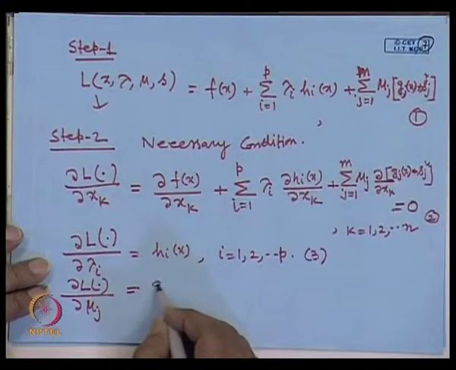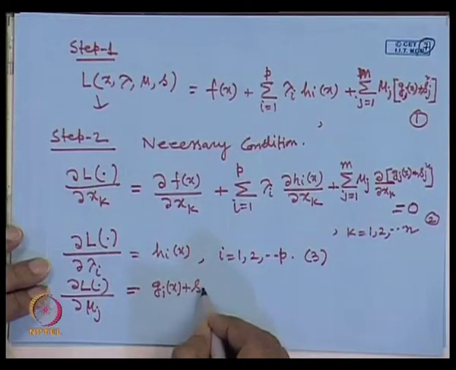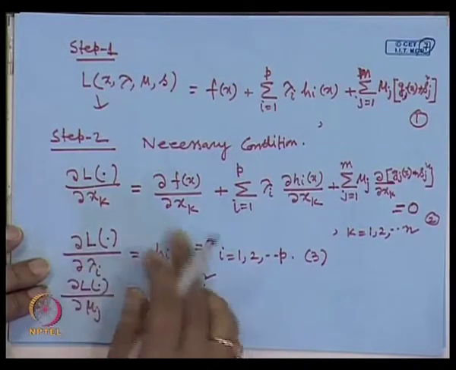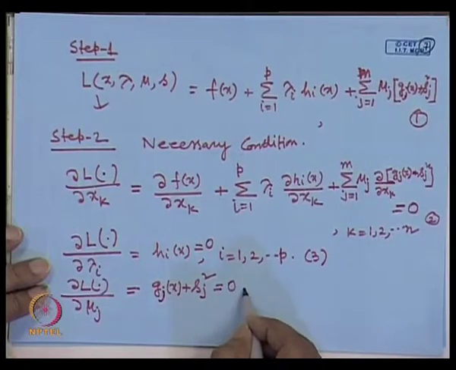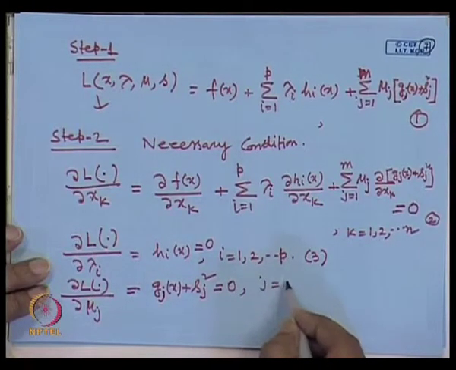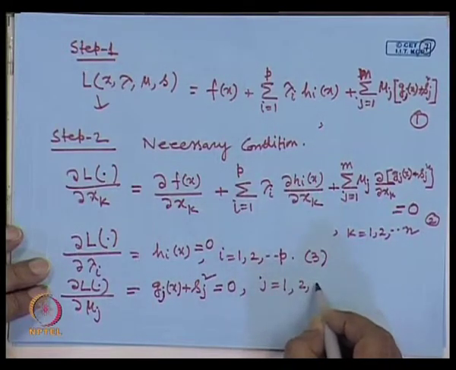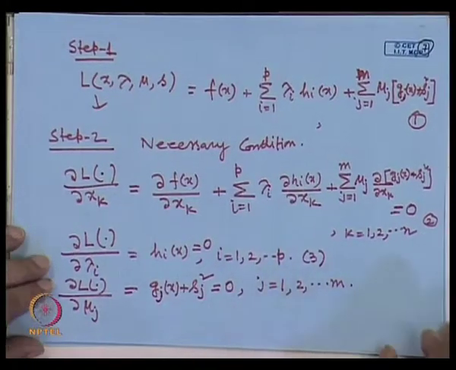So, it will be g j of x plus S j square, equal to 0, because it is a necessary condition, I assign the gradient to 0. That is for j is equal to 1 to m. Then this is step 2.